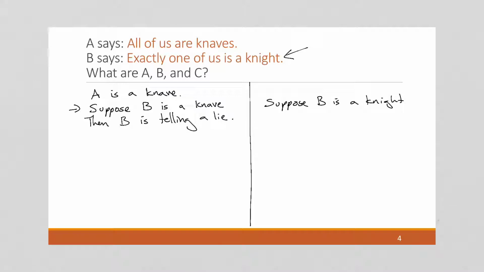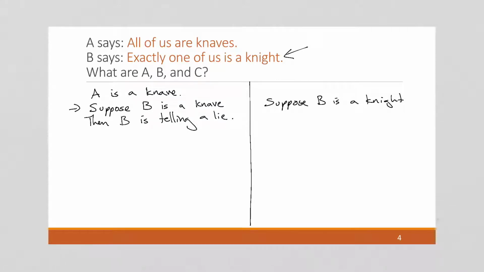So to be false, it would mean either none of them are knights, or what's the alternative? We already know that A is a knave.